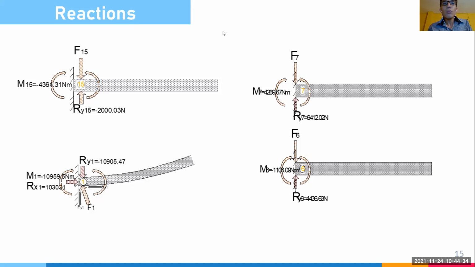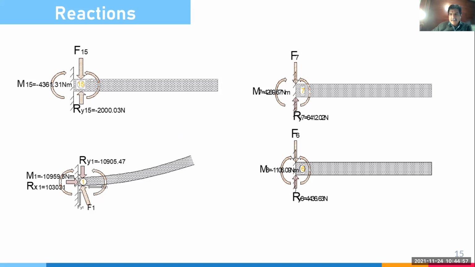As we see in element 1, the force product of the pressure has two components because we obtained the two reactions in the x-axis and y-axis.